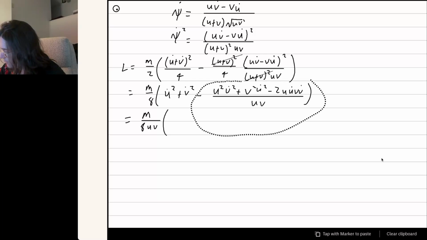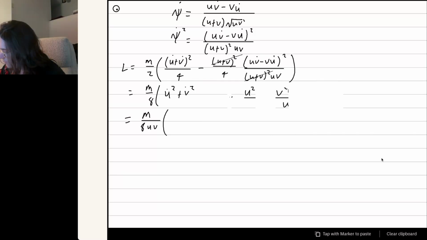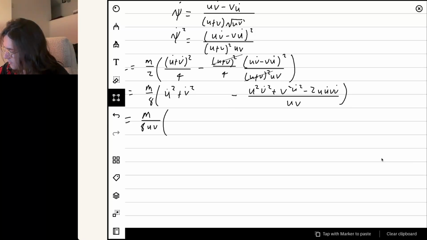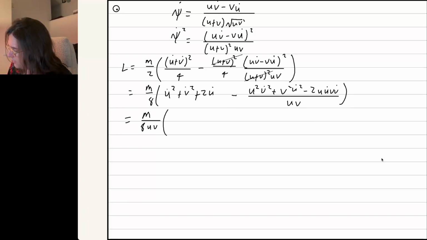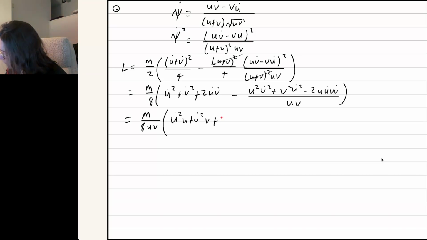Forgot a term right here, which is going to be 2u dot v dot. Then on the inside we'll have u dot squared u plus v dot squared v plus, actually both of these are multiplied by u and v, so u dot squared uv plus v dot squared uv minus 2, or plus 2 u dot v dot minus that stuff that we had before.